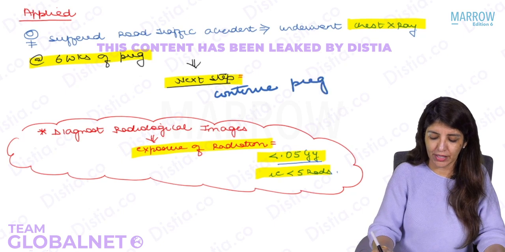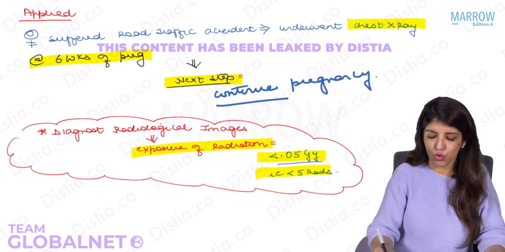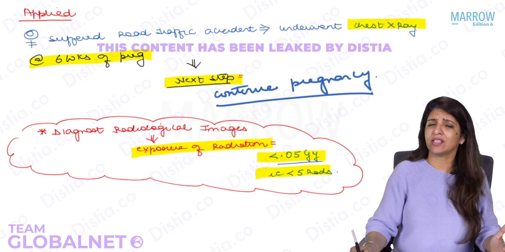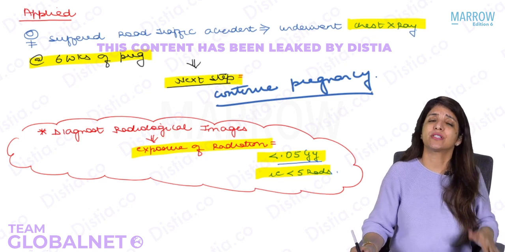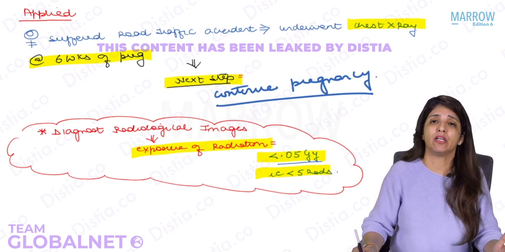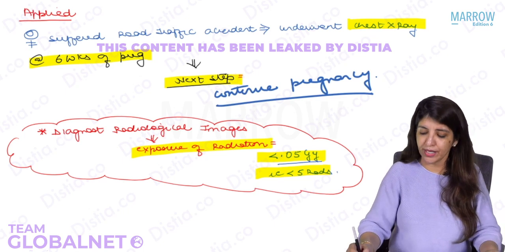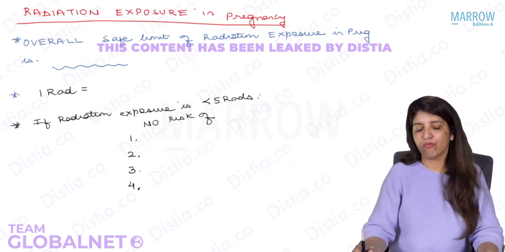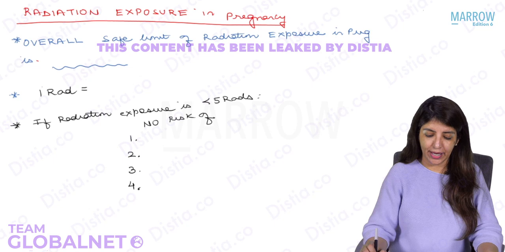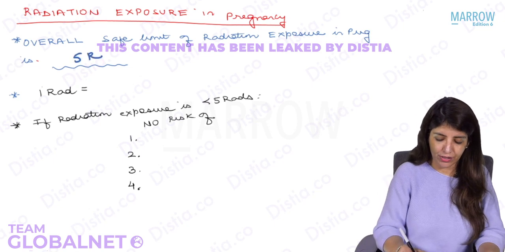Do not terminate it. Because with chest x-rays and dental x-rays, the radiological exposure is much, much less than the permissible limit, which is 5 rads, right? So the overall safe limit of radiation exposure in pregnancy is 5 rads. 1 rad is equal to 0.01 gray.